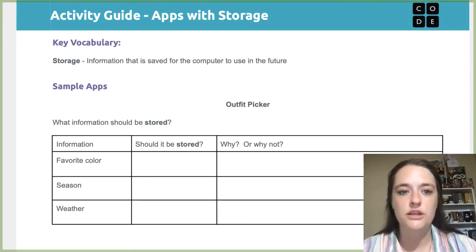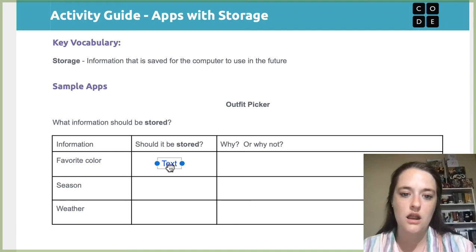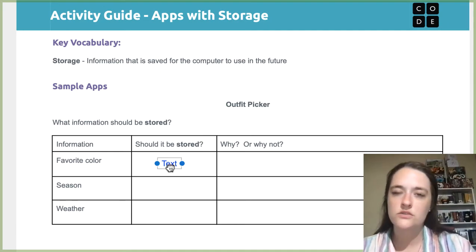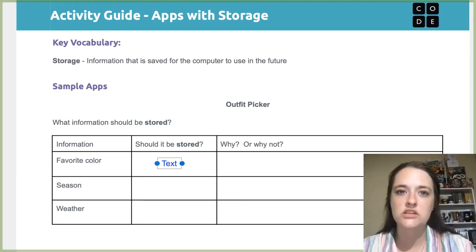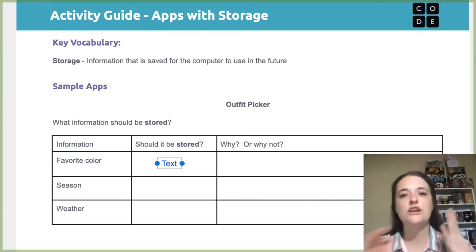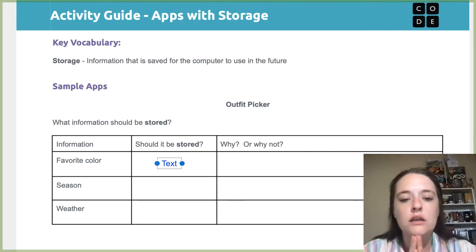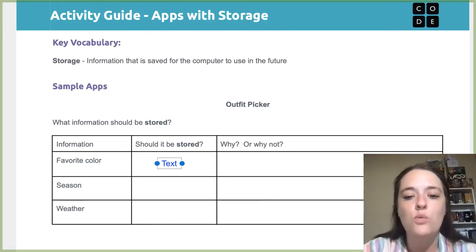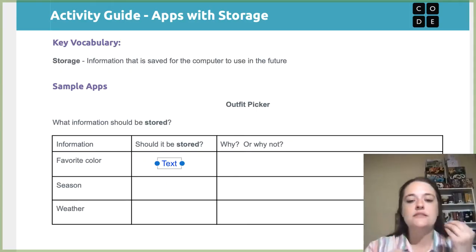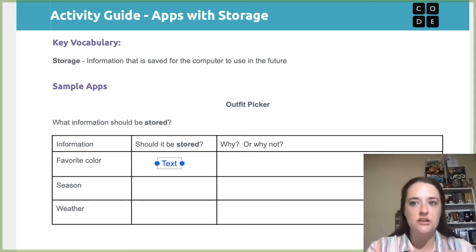So you put your information, not what I'm putting, okay? Favorite color is the information. Should it be stored? Should we store our favorite color? Depending on your reasoning, what you're going to put under why or why not, there is some flexibility about what should and shouldn't be stored.